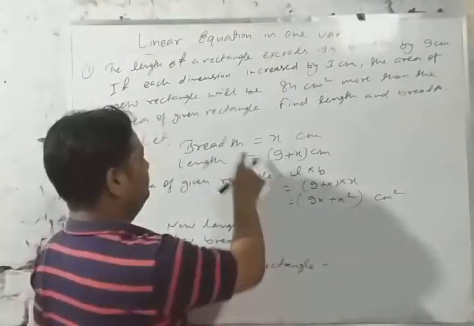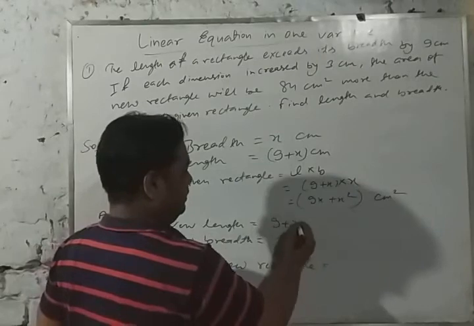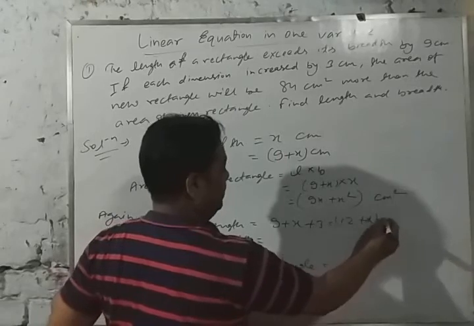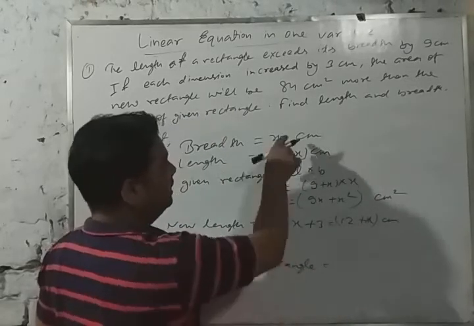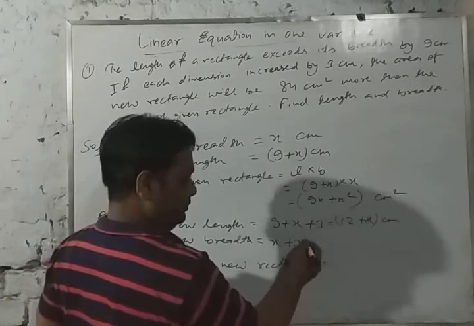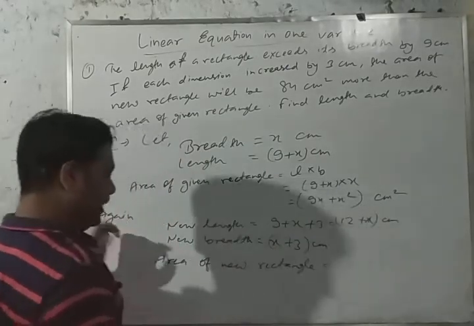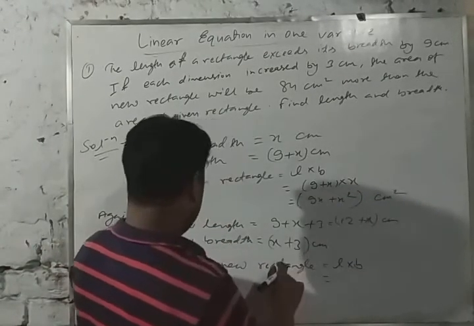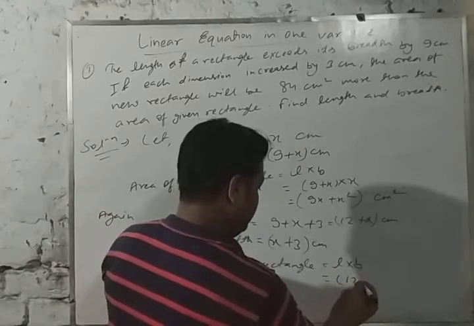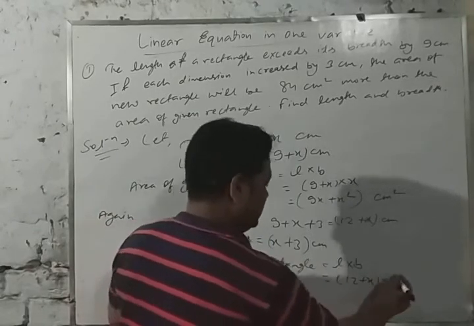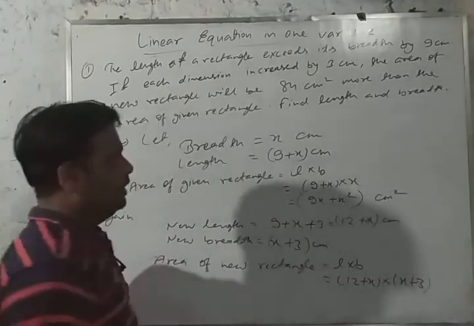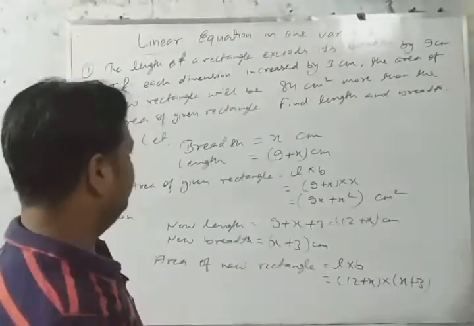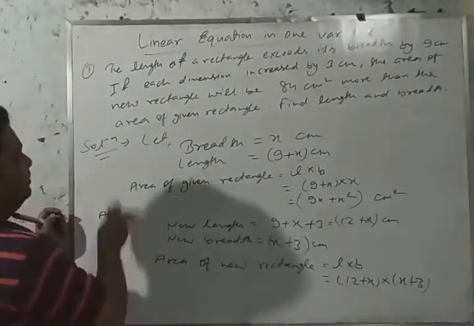New length: 9 plus x, then we increase 3 more, so it will be 12 plus x centimeter. Then breadth is x, so x plus 3 centimeter. Now the area of the rectangle is length into breadth. Length is 12 plus x and breadth is x plus 3. Now you can see both are binomials, so we will use the distributive law to multiply them.